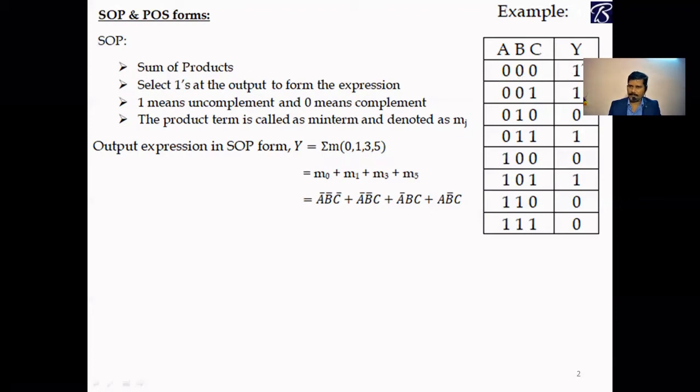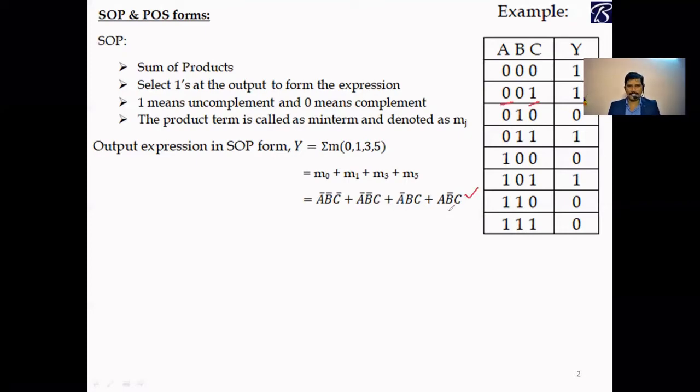So that is a bar b bar c bar, plus m1, a bar b bar c, plus m3, a bar b c, plus m5, a b bar c. So in this way we can write the output expression for y.